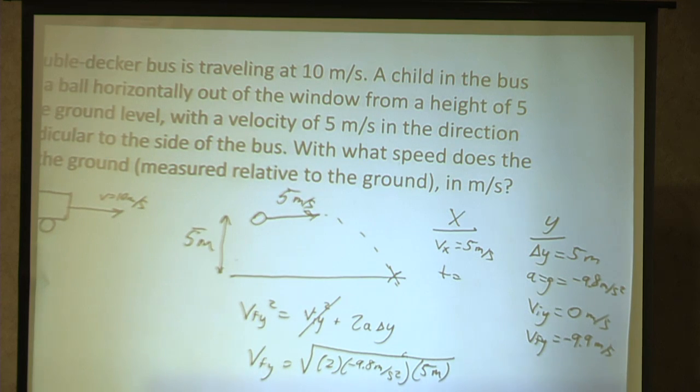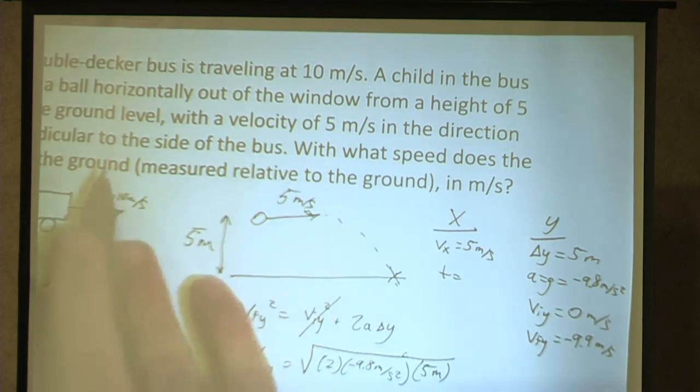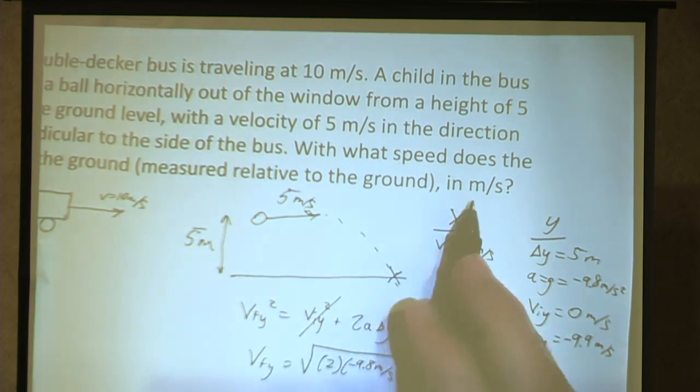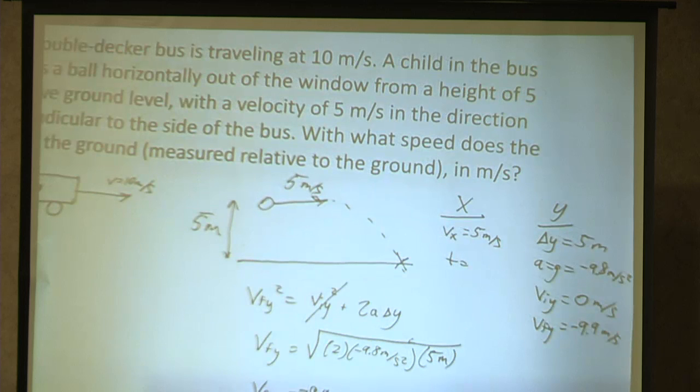So what are we really looking for here? We're looking for what speed the ball hits the ground in meters per second. It says nothing about what direction necessarily. It's not the speed in the y direction or the speed in the x direction. So what this is telling you is it's an overall speed that you need to be getting. Okay?